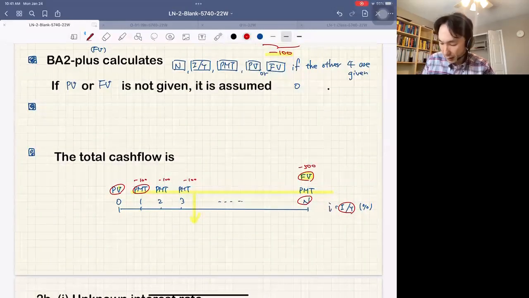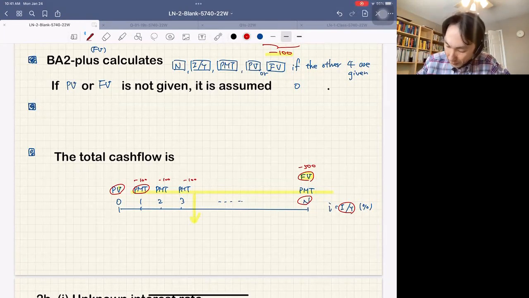Then the PV is probably larger by maybe $400 or something like that. So we can calculate a little more complicated present value, for example.